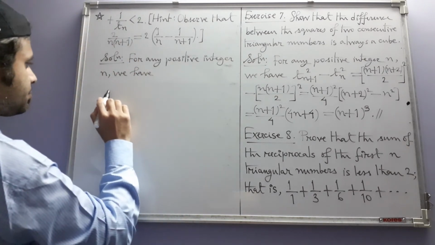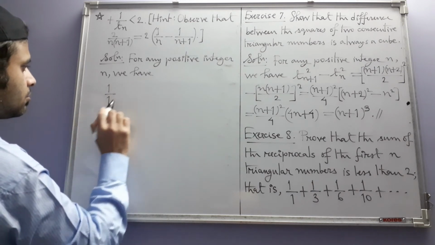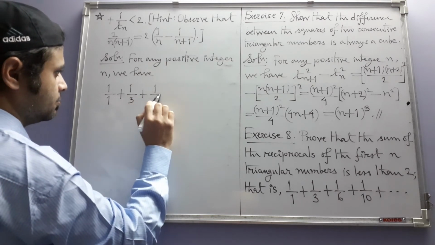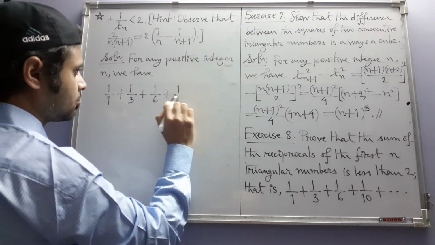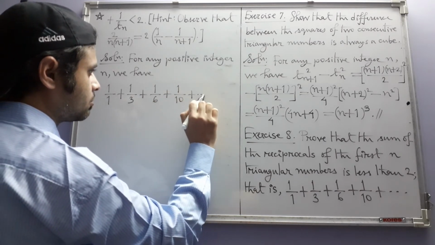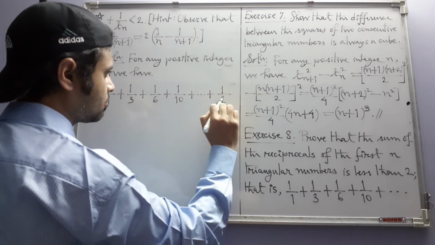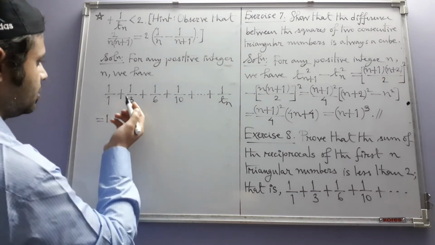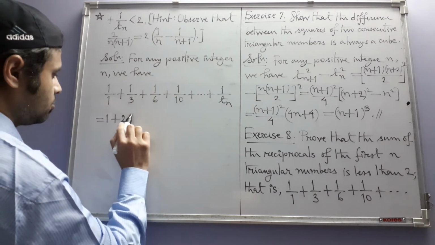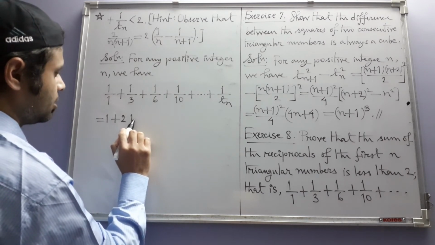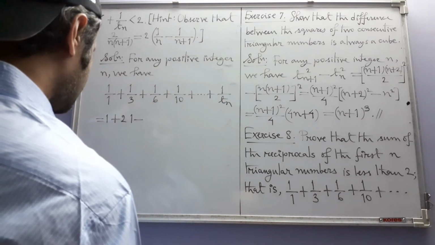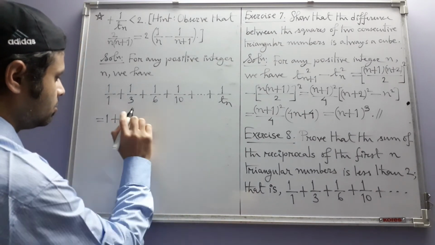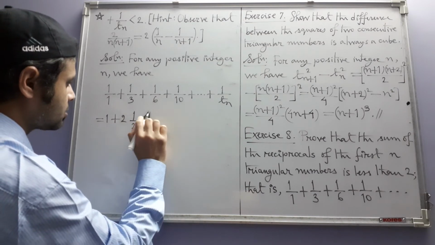We have this is equal to 1 plus, now we can use this, 2 times 1 minus 1 over 2, minus 1 over 3.